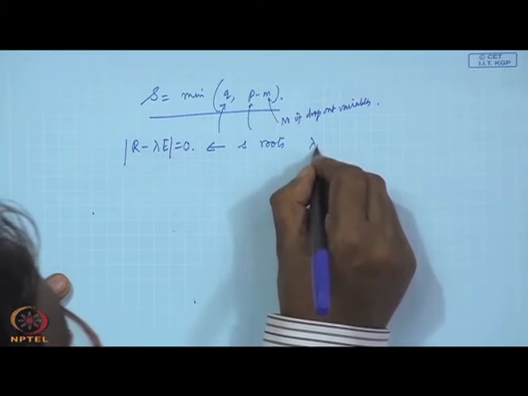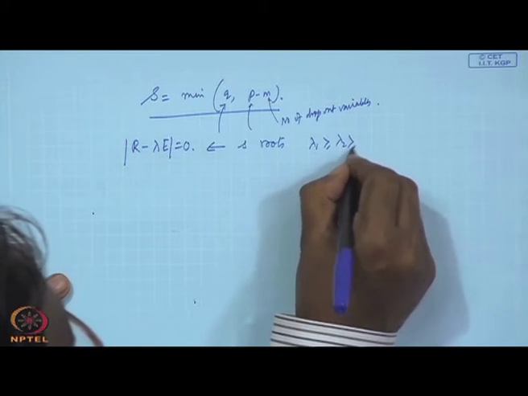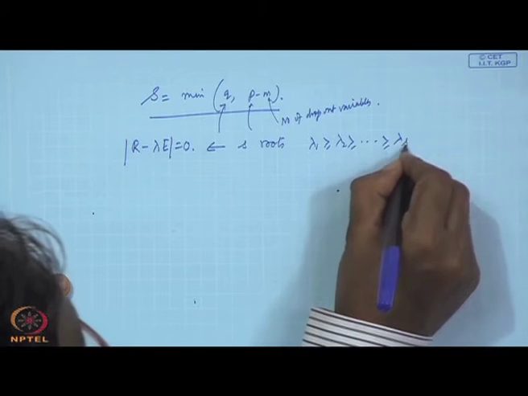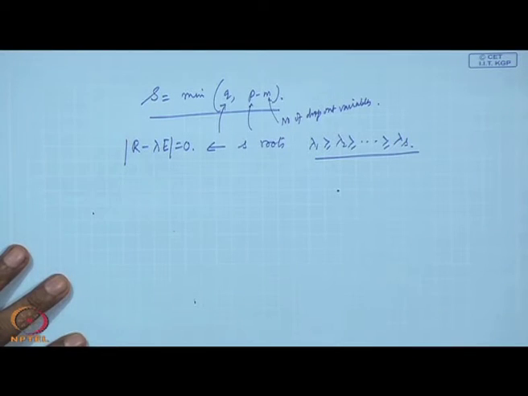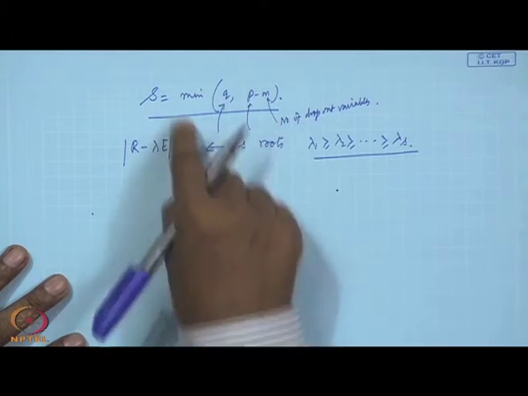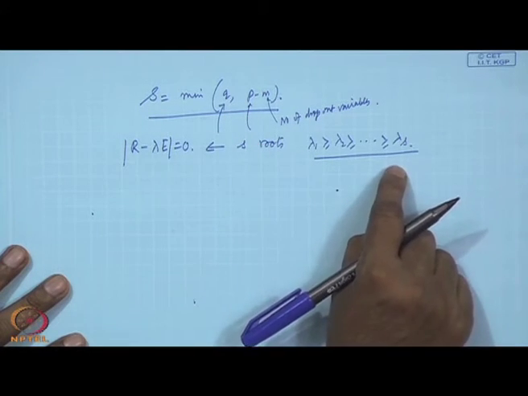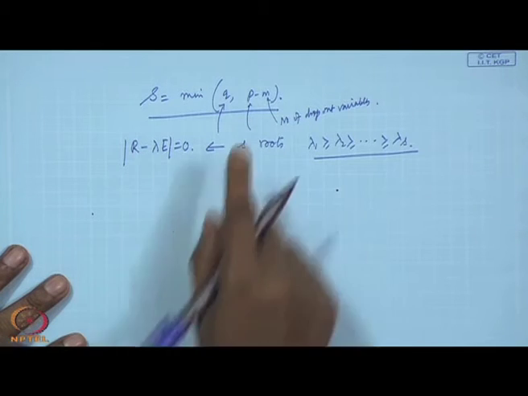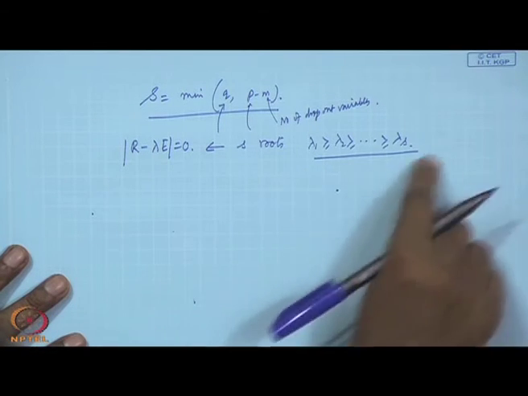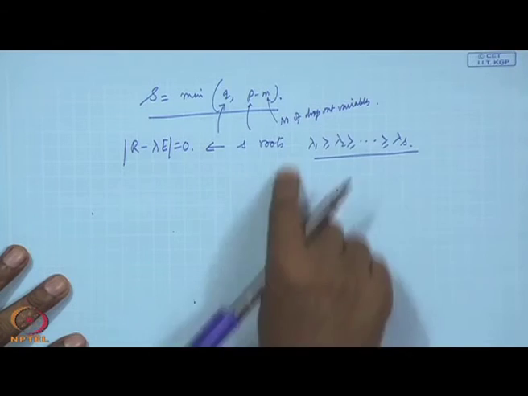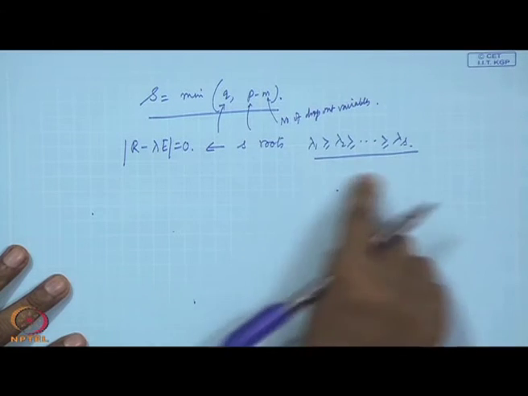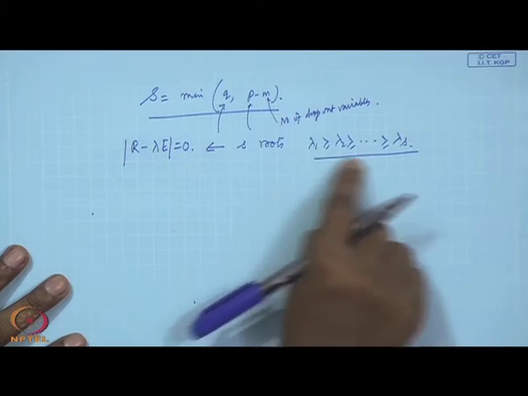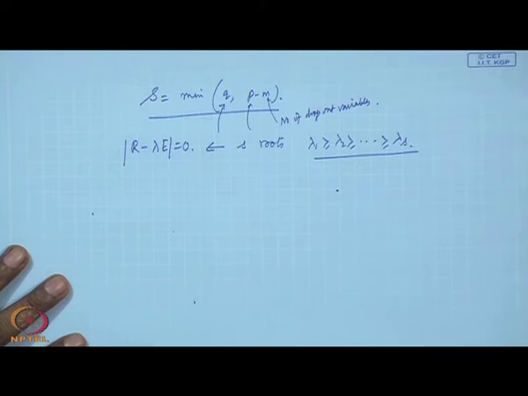These roots are lambda 1 greater than or equal to lambda 2 greater than or equal to lambda S. When you do this eigenvalue decomposition of the matrix, you will find that there are P roots, or here S roots, and the first one is the maximum, followed by the next, like this.